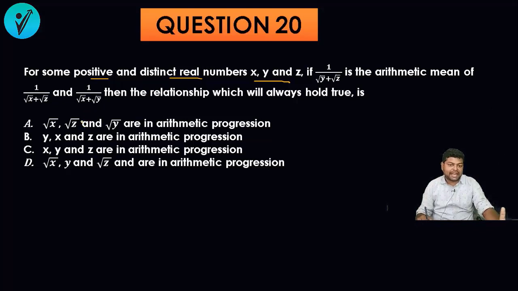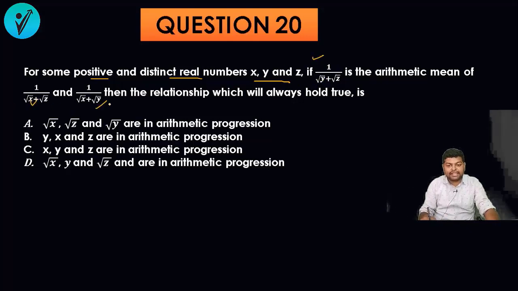Now if you see this kind of question, let's try to write according to what the question says. The question has said that this is the arithmetic mean of these two. So if this is the arithmetic mean, it means that these three terms will be in AP.